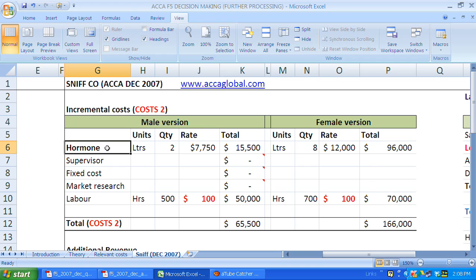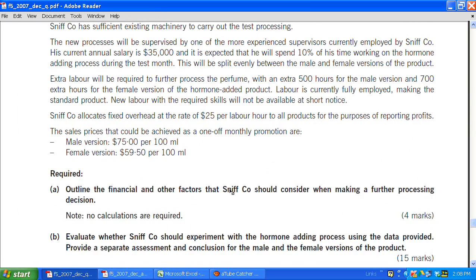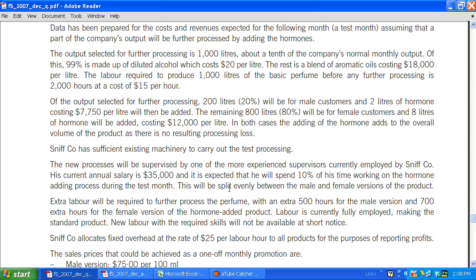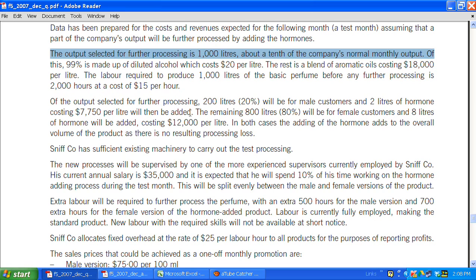The first cost we need to figure out is the hormones. If you go to the question right here, if you look at this paragraph, they're telling us they're going to select an output of 1,000 liters, 200 liters, 20% will be for male customers, and 2 liters of hormone costing 750 per liter will then be added.